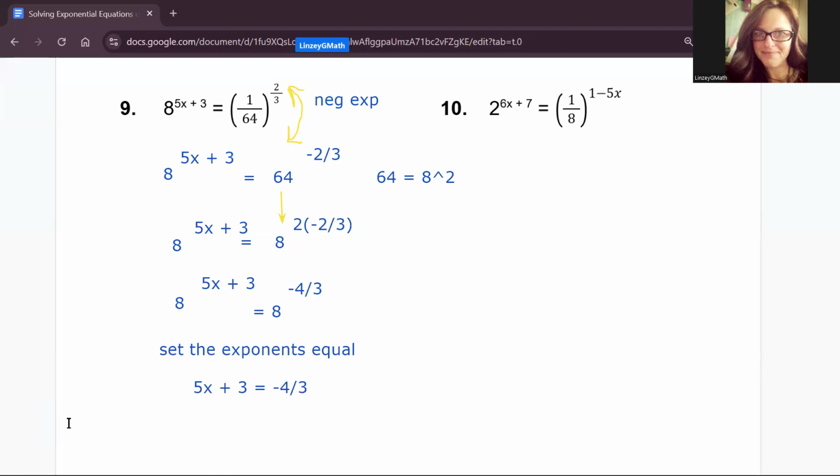And negative 4/3 minus 3. And you can always use a calculator. I get negative 13/3. And then we'll divide by 5. And we get x is equal to negative 13/15.